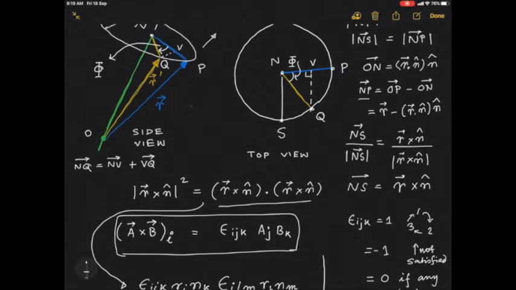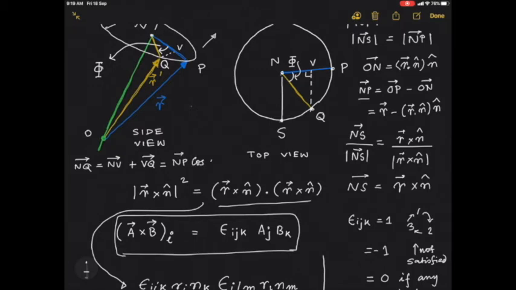And this angle is phi. So NV can be written as NP cos phi, and VQ can be written as NS sin phi.